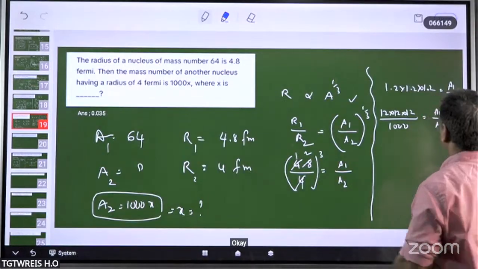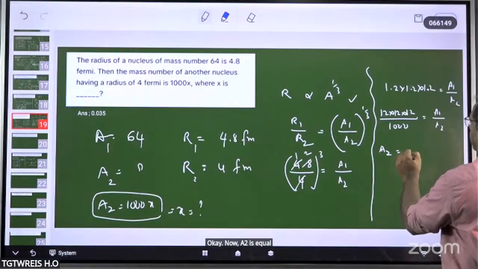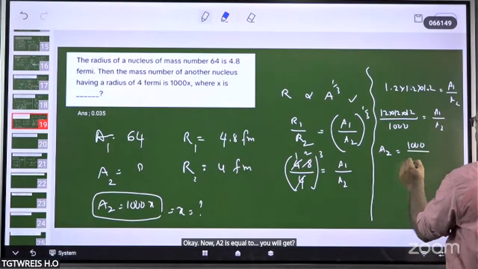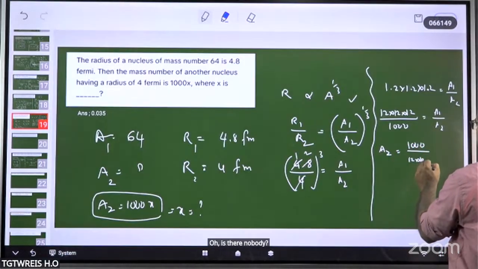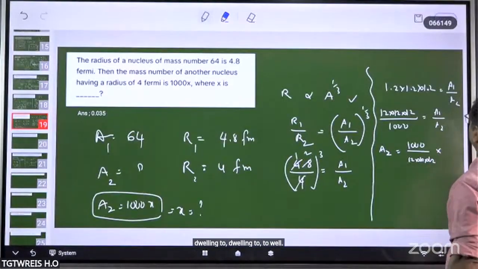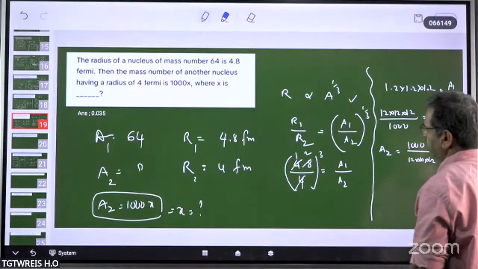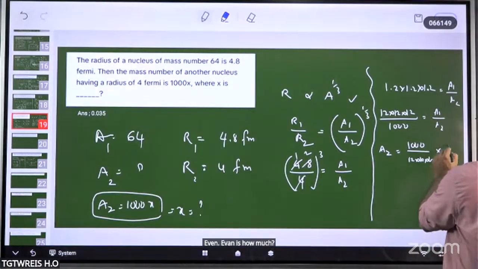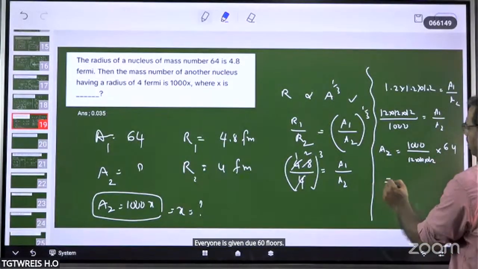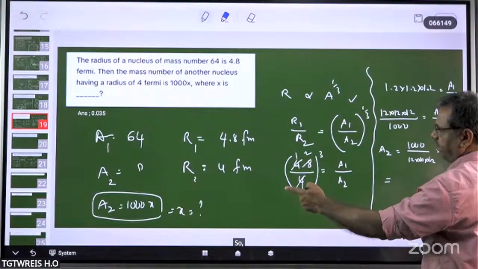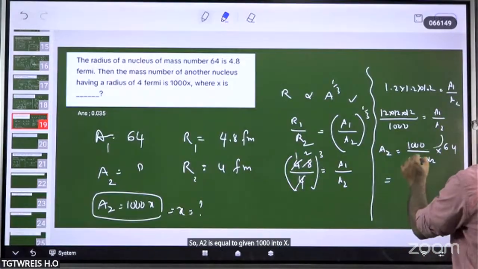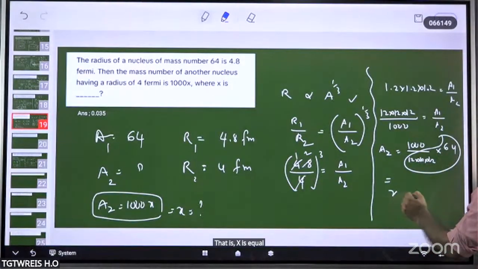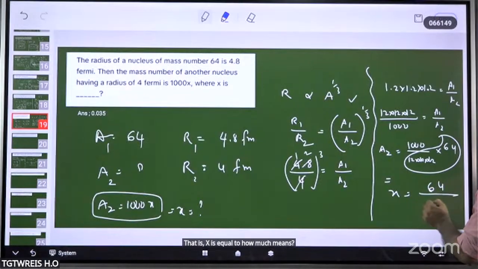Now A2 is equal to 1000 by 12 into 12 into 12 times A1. A1 is given to you as 64. So A2 is equal to 1000 into x, so x is equal to 64 by 12 into 12 into 12.